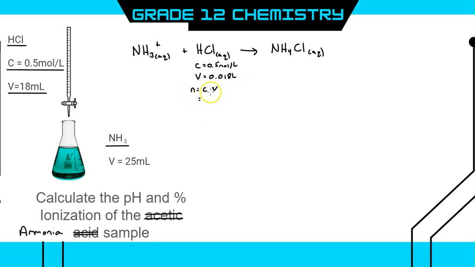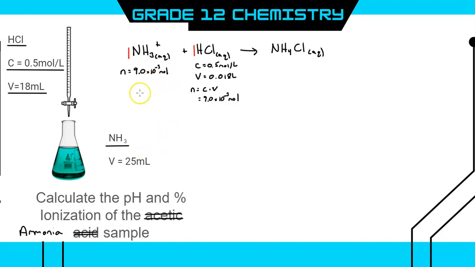When we do that, we get 9 times 10 to the minus 3 moles. And just as before, since this is a 1-to-1 ratio, we now also know the moles of ammonia. It is 9 times 10 to the minus 3 moles. Just some simple grade 11 stoichiometry there.